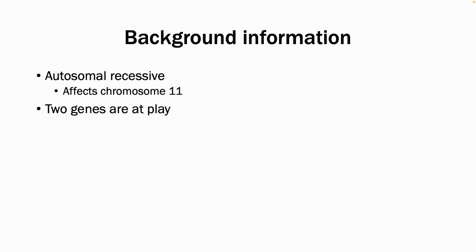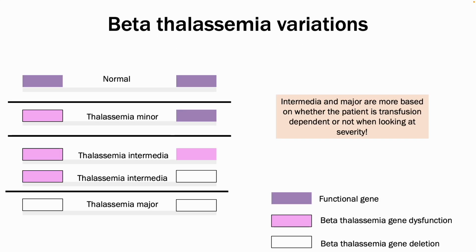Again, it is an autosomal recessive condition, however it affects chromosome 11. There are 2 genes at play, and there's a dysfunction in the beta chain. Again, you can have different variations of beta thalassemia. With regards to severity, you can have a gene dysfunction or a gene deletion.